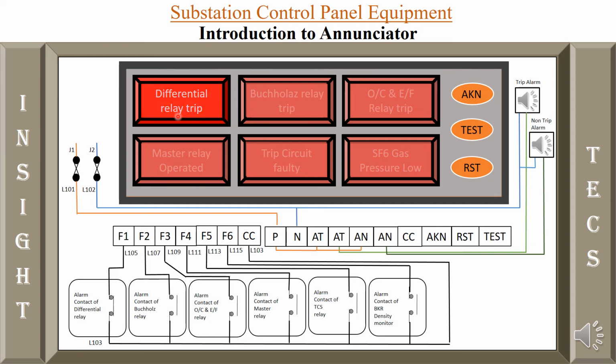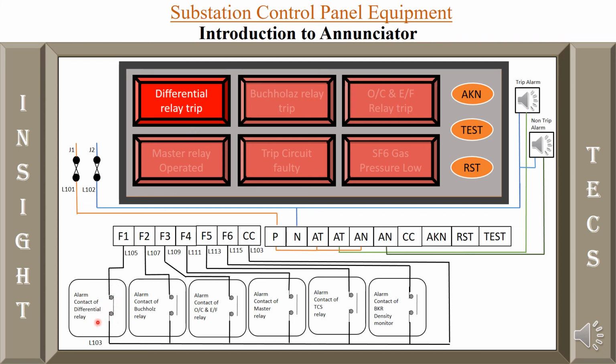Once it starts glowing, you can click on the accept button. It will stop blinking. When you click on the reset button, the window will be turned off, but only if this contact is open.